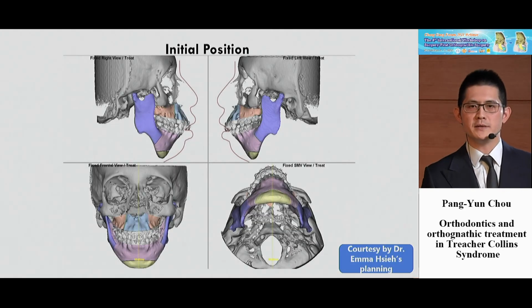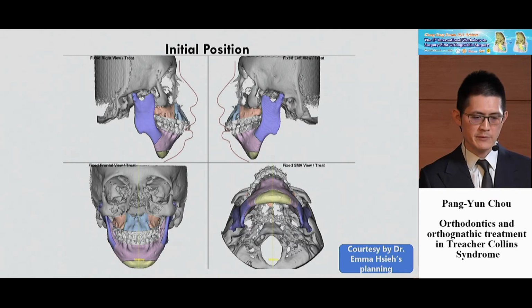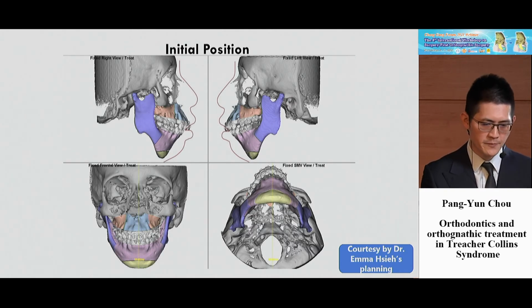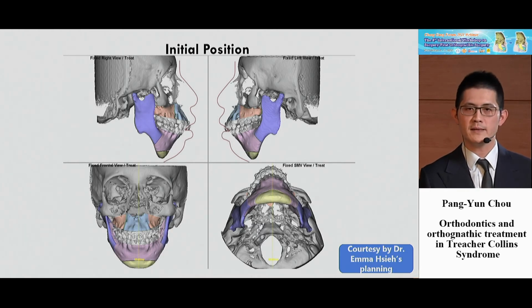The simulation in our center is completed by the doctor of orthodontics. So this patient was treated by Dr. Emma Yu Jia. By her courtesy, I will show some of the surgical plan by her. This is the initial position of the patient showing the upper jaw and the lower jaw, demonstrated by different colors.